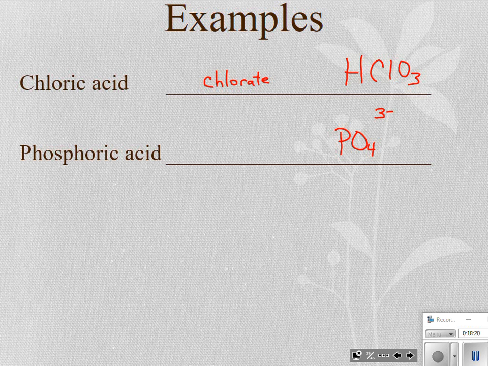Knowing this is 3 negative, how many hydrogens am I going to need? 3. So I have H3PO4. Can I leave that 3 negative there? Absolutely not. We don't put negatives on there. So, phosphoric acid is H3PO4.